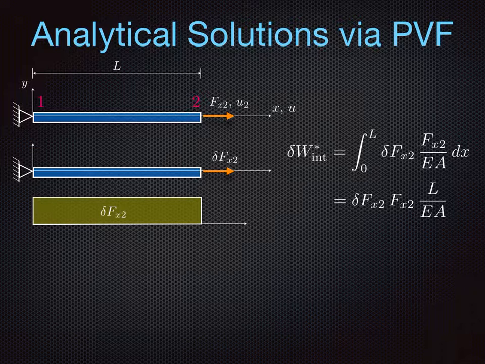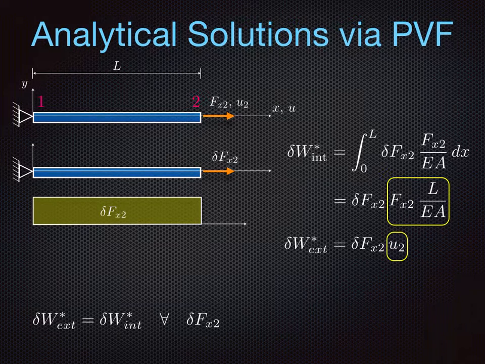And this expression should be equal to the external complementary virtual work for all variations of del Fx2, for all possible values of del Fx2. And the external virtual work is obviously merely del Fx2 times the unknown displacement u2.